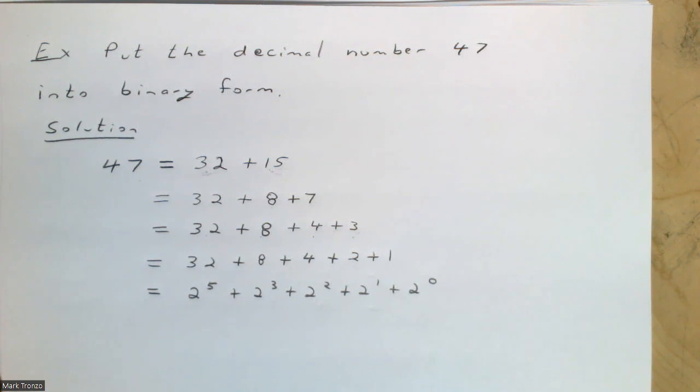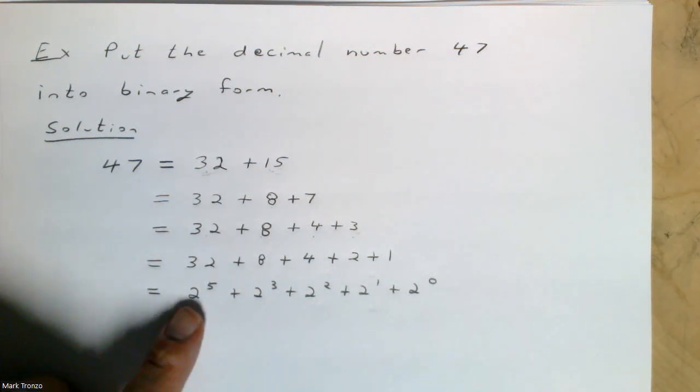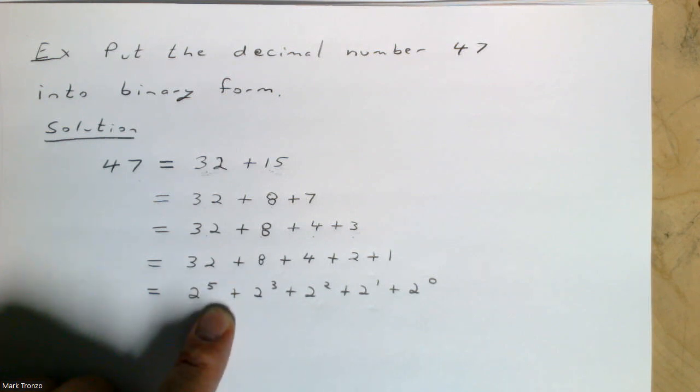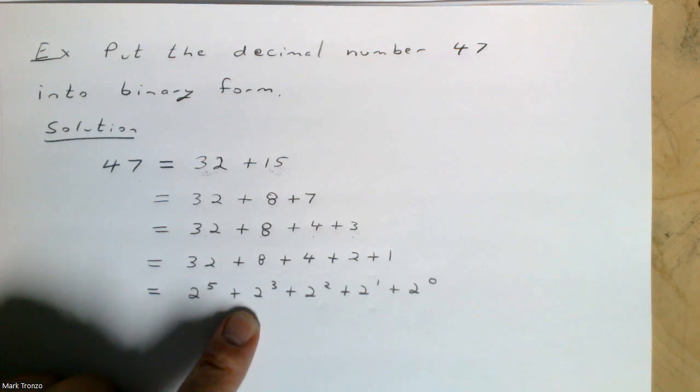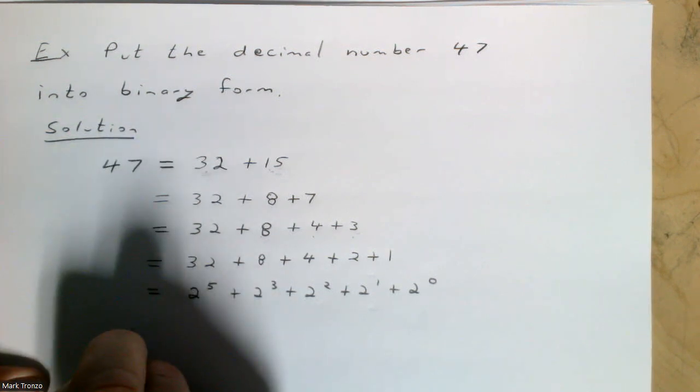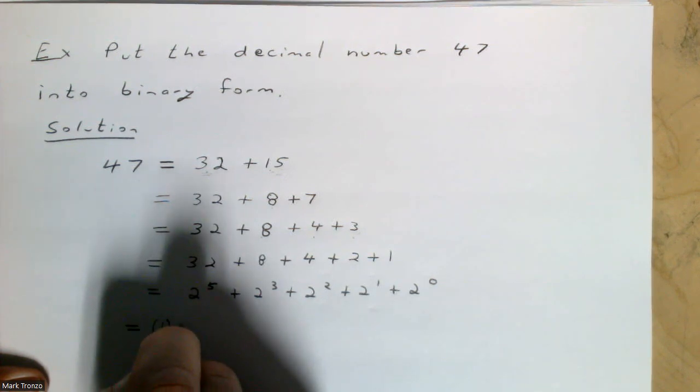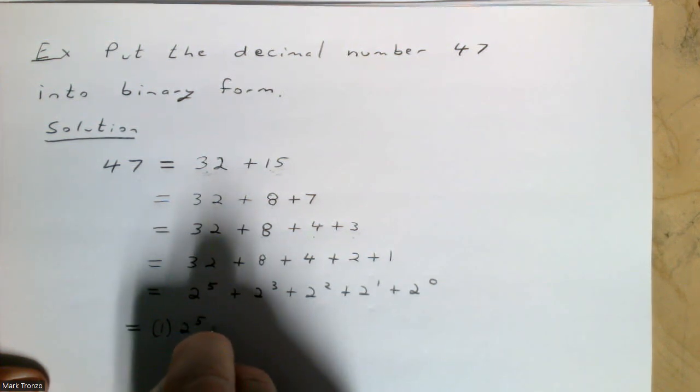Now, when we're doing this, we have to include, much like we did previously when we were dealing with powers of 10, all the powers of 2. So we'll put zeros beside any that haven't been included. So let's write this out. So this is going to be 1 times 2 to the 5th.